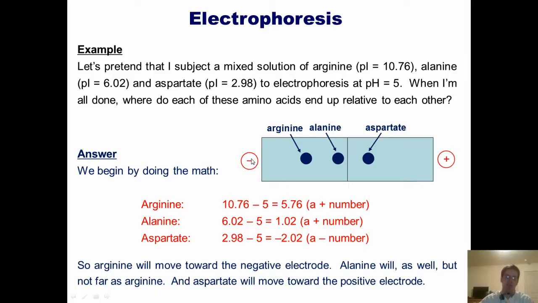They migrate toward the negative end. Arginine, of course, by more because the difference is larger. And aspartate with a negative difference migrates toward the positive terminal. Hope that makes sense. This is the result that we would expect to see if we took this mixture and developed them in an electrophoresis test.